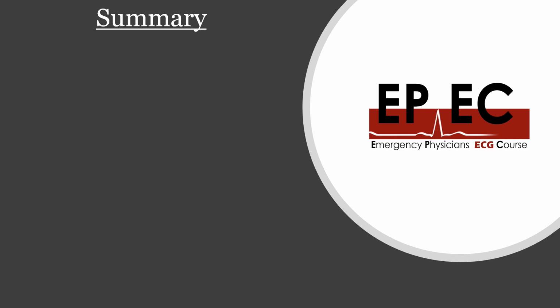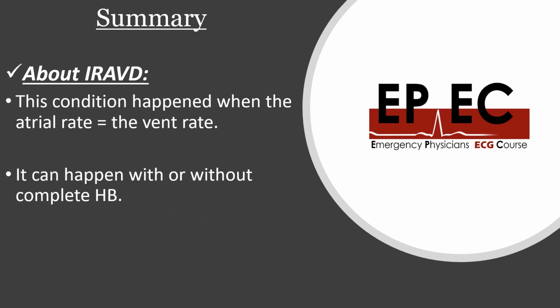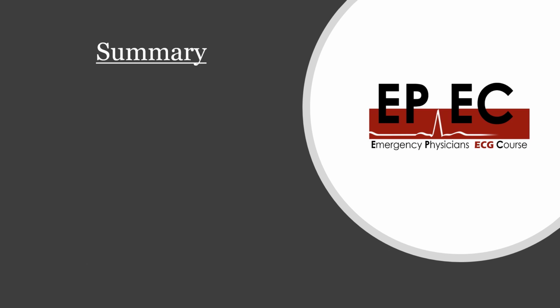About isorhythmic AV dissociation: this is a condition that happens when the atrial rate is equivalent to the ventricular rate, and it happens with or without complete heart block, and it is a benign condition that could be easily fixed by increasing the heart rate.